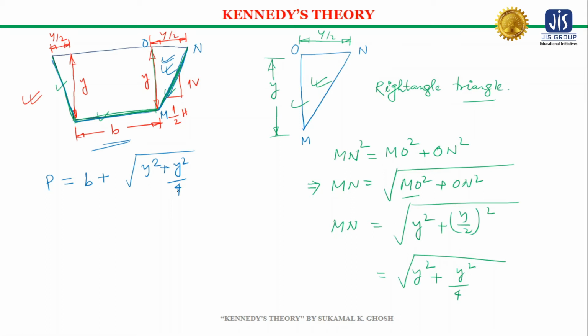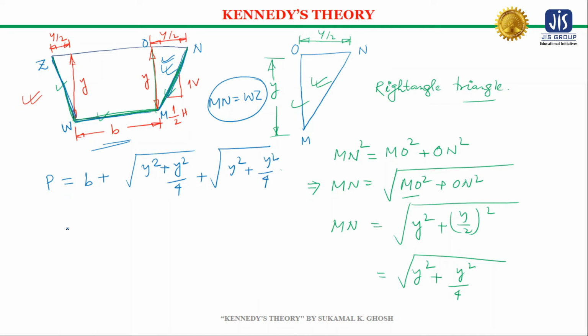Now if you consider this length, suppose this is W and this is Z. So this WZ length is also equal to this MN. This MN is equal to this WZ, so the value of WZ will also be root over y square plus y square by 4.